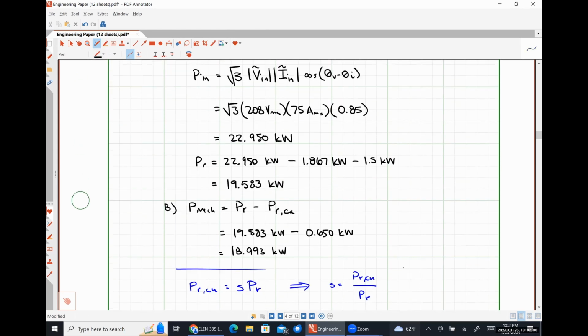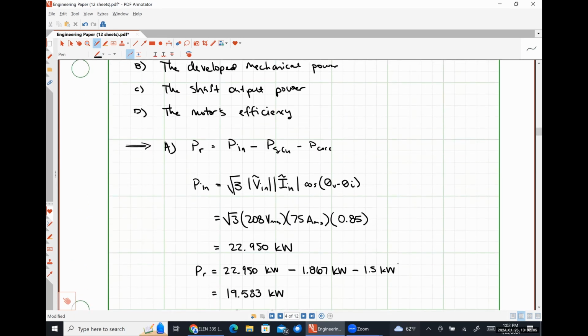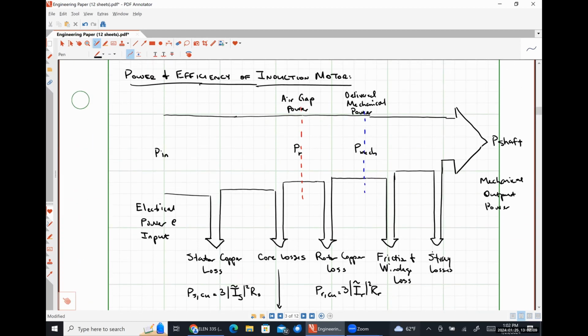All right, part C. The shaft output power. So let's look up here again. Our shaft output power should be the mechanical power we just found, just minus our friction and windage losses, because our stray losses were negligible. But easy enough.